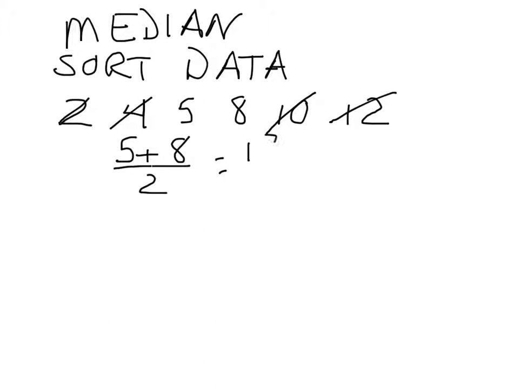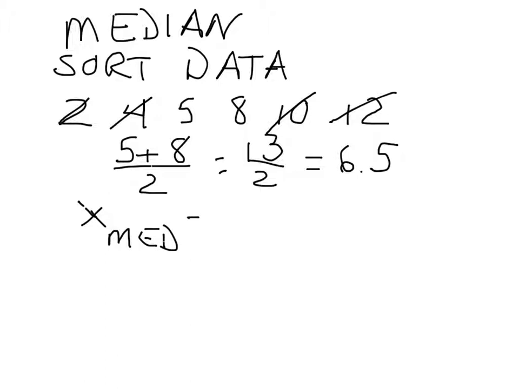That's going to give you 13 over 2, or 6.5. And the notation that we use for that is x subscript MED. So the median is equal to 6.5. Okay? Pretty straightforward.